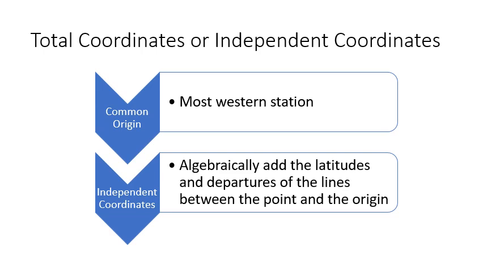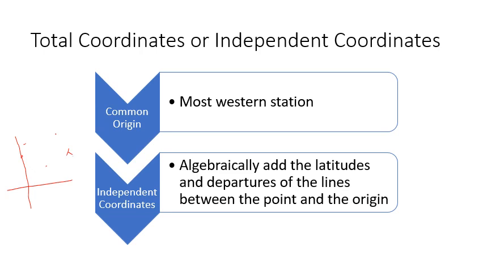Our idea is we have to have a common origin which is equally accessible to all the points. So usually what we do is take the station point on the most western side, because we always love to have positive values, positive latitude, positive departure.